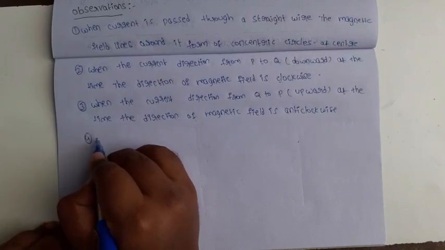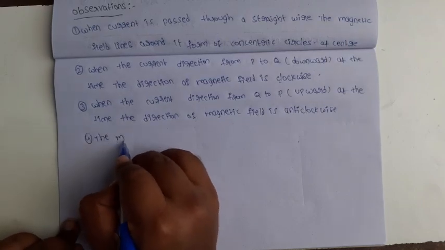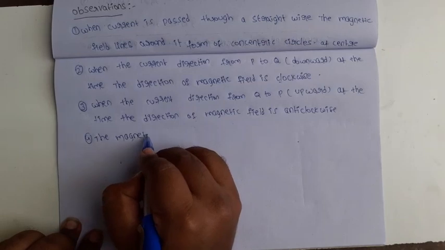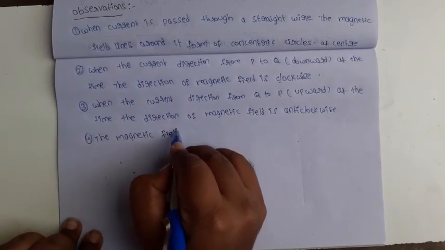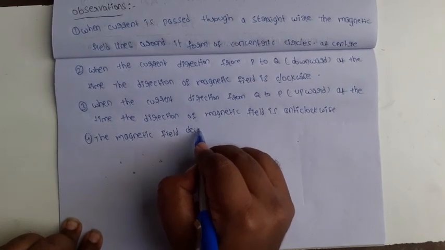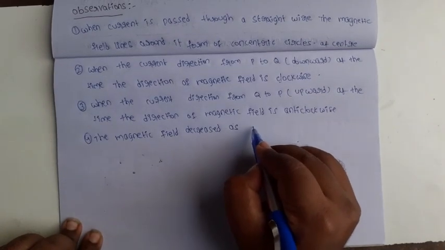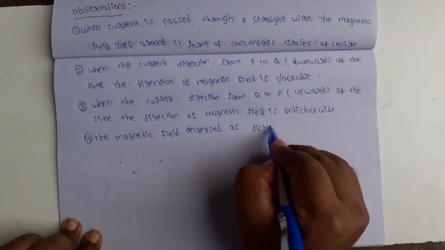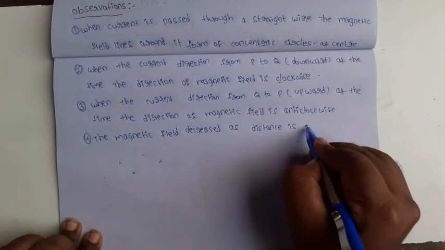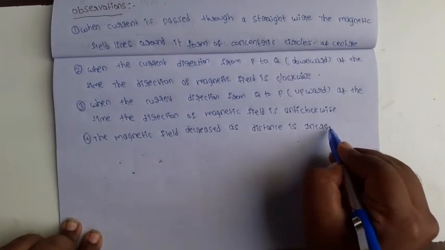Next point, the magnetic field decreases as distance is increased.